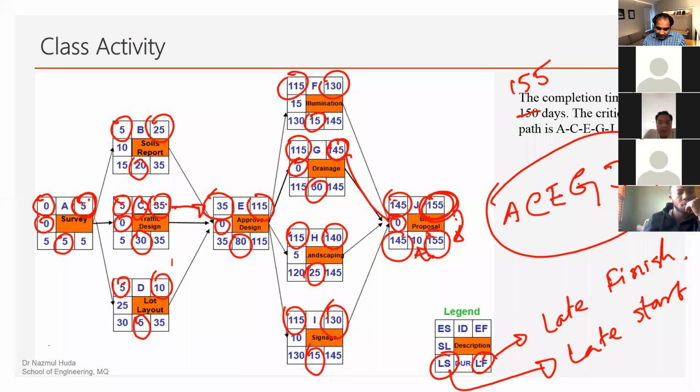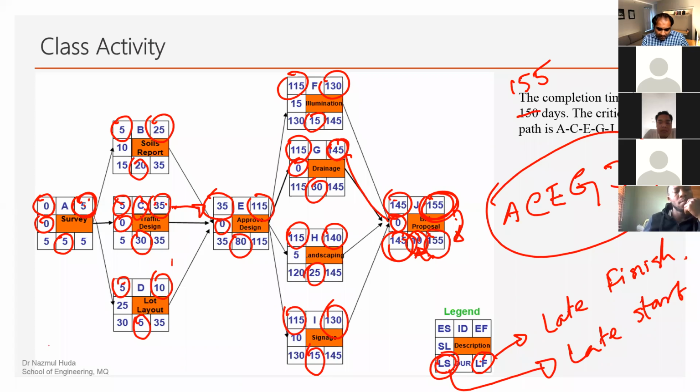We have 145 as the late start. Okay. Then in the backward pass process, we start from the back, from the right side. We then subtract the duration. We calculate the LS.